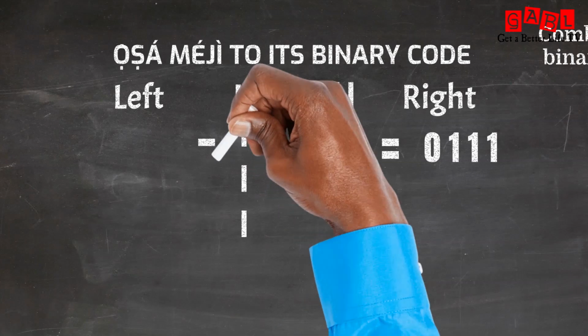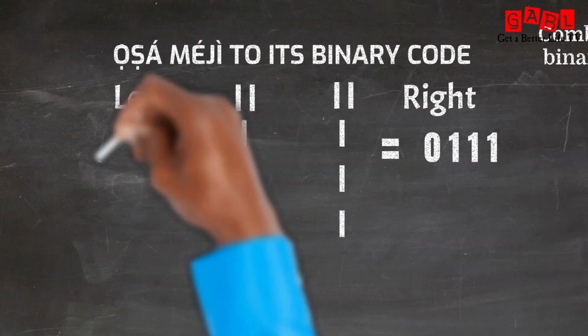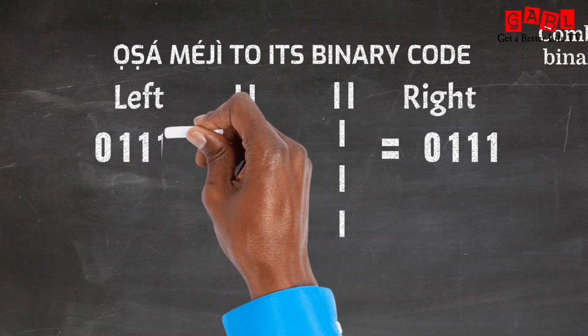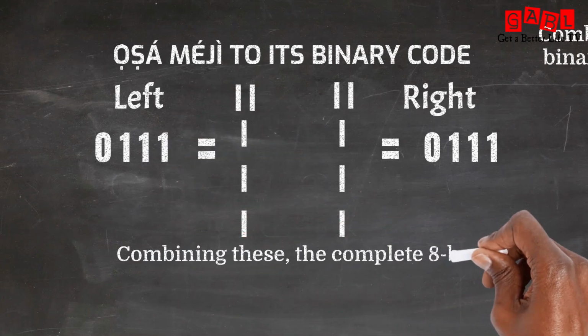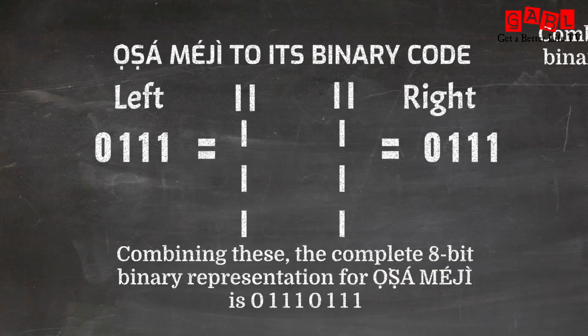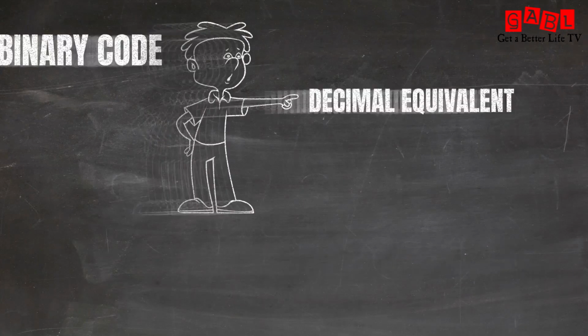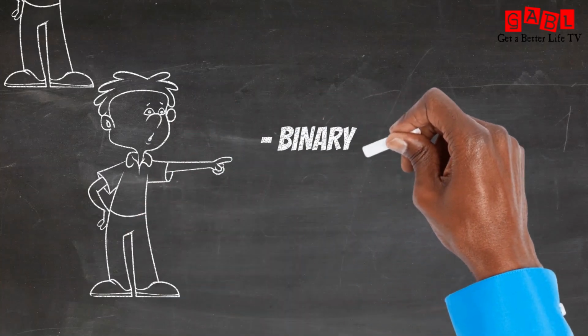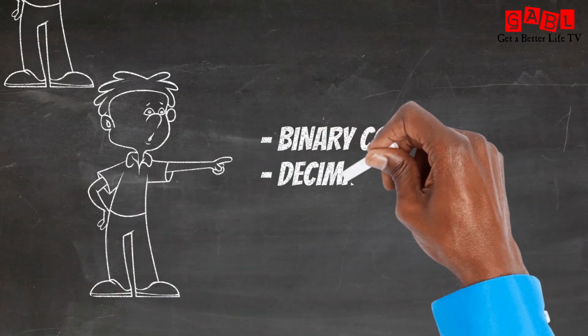This translates to 0, 1, 1, 1. Combining this, the 8-bit binary representation for Osa Meji is 0, 1, 1, 1, 0, 1, 1, 1. Converting this binary code to its decimal equivalent, we have this.